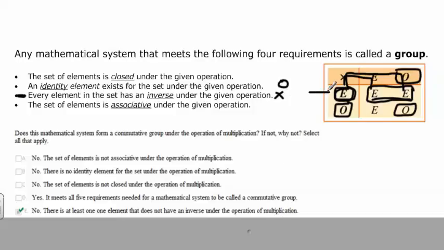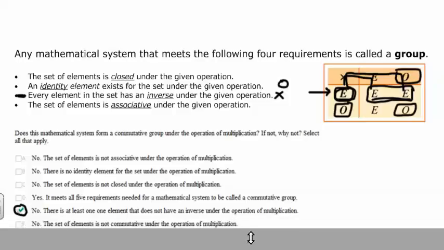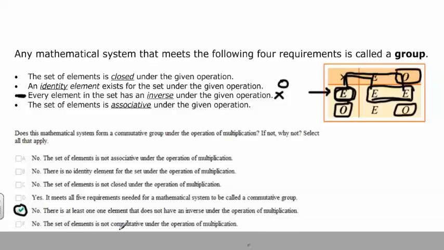We said the element of even did not have an inverse. So that's why E is checked. No, the set of elements is not commutative under the operation of multiplication. That's not the reason that it's not a commutative group. So the correct answer is E.